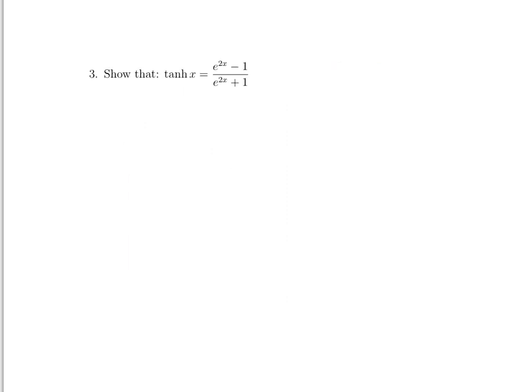And finally, for number 3, by definition, sinh x is equal to e to the x minus e to the minus x divided by 2, and cosh x is equal to e to the x plus e to the minus x over 2. So essentially, the only difference between the two is the minus and the plus.